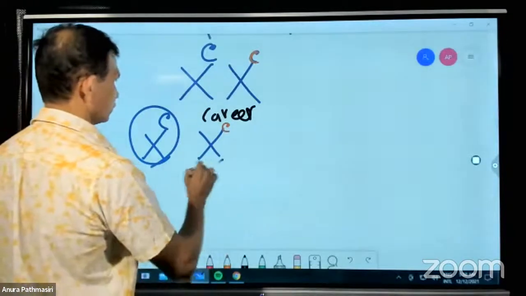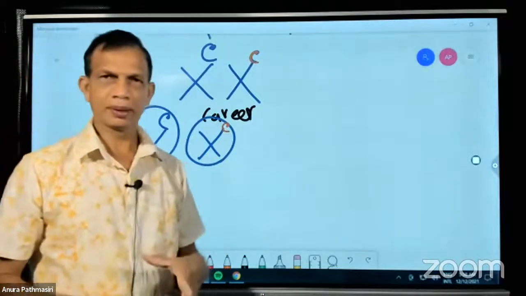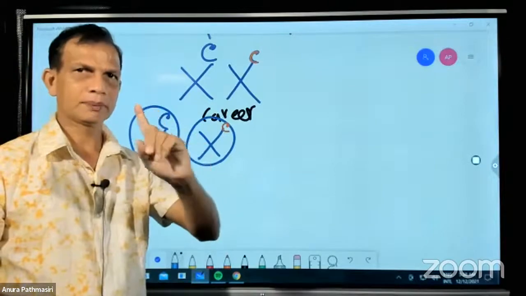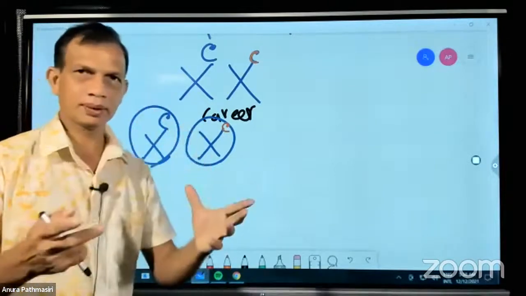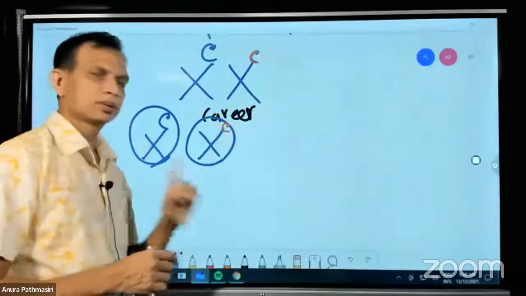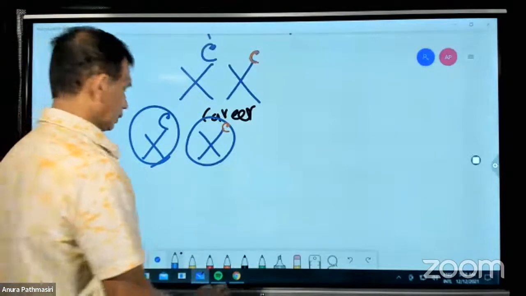And there are two ovum cells. The probability is there from the follicle, activated by FSH hormone, with the particular diseased one.